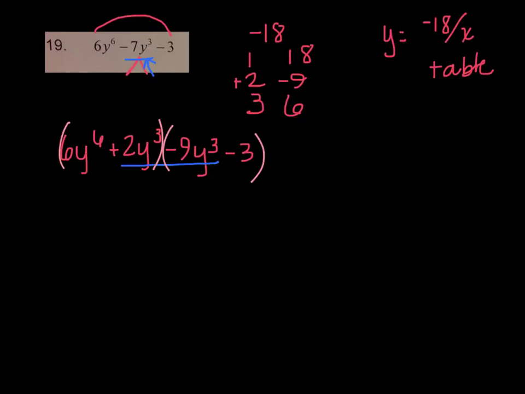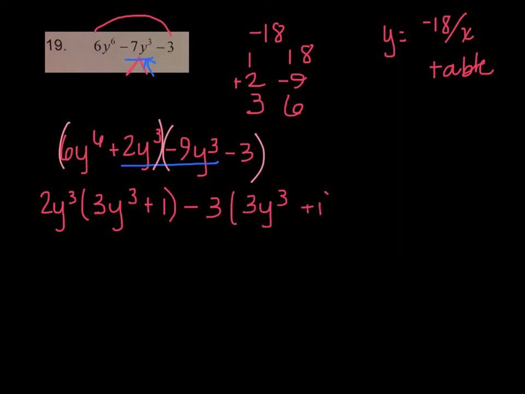The first group has a 2y cubed, which leaves me 3y cubed plus 1. The second group has a negative 3, leaving me 3y cubed plus 1. My insides match, 3y cubed plus 1, and what's left is 2y cubed minus 3.